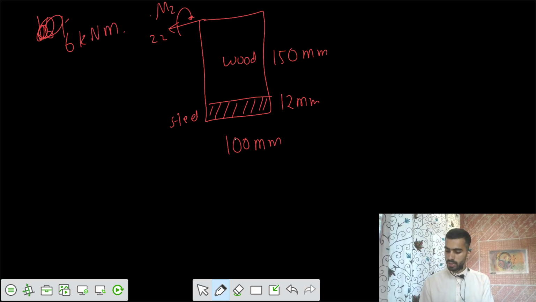The value of E is also given. It equals 210 gigapascal for steel, and for the wood it equals 10.5 gigapascal. Then you need to say what should be the maximum tensile stresses in the wood and the steel.